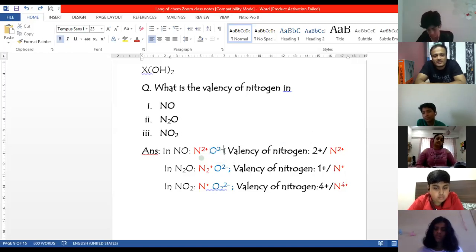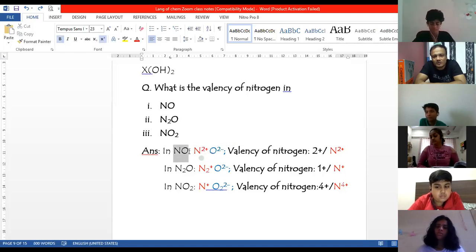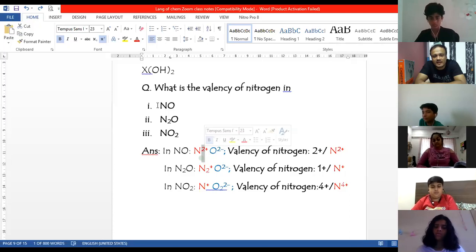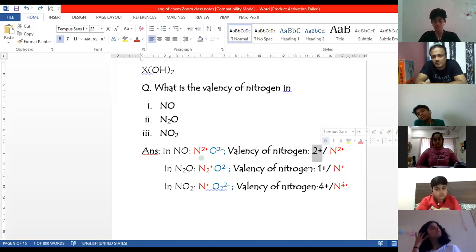Oxide always remains as O2 minus, and if I put the value of oxide as O2 minus, automatically the value of N in the first formula becomes 2 plus, because it is NO. If the valency of O is 2, N should also be 2, so that it cancels off and the formula becomes NO. So it's like the first example which we solved today. That's the reason why the valency of nitrogen in the first compound is 2 plus.